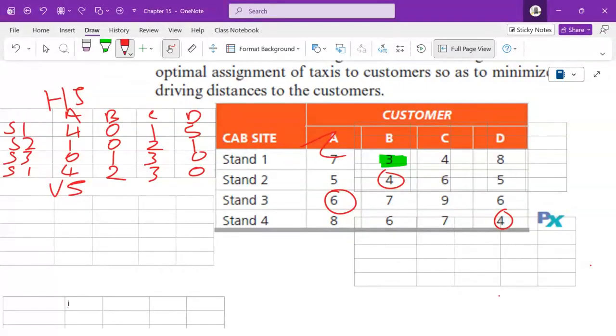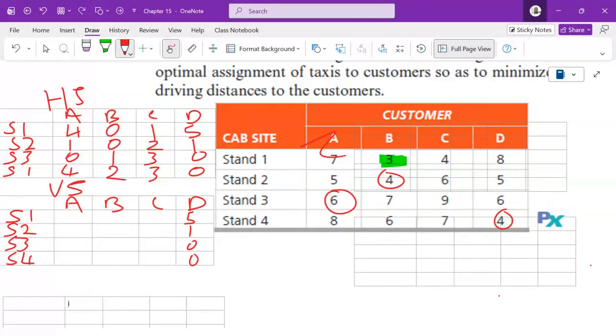So now we're gonna do this again, vertically only. 4, 3, 2 and 1. A, B, C, D. Then these ones, they have zeros again.